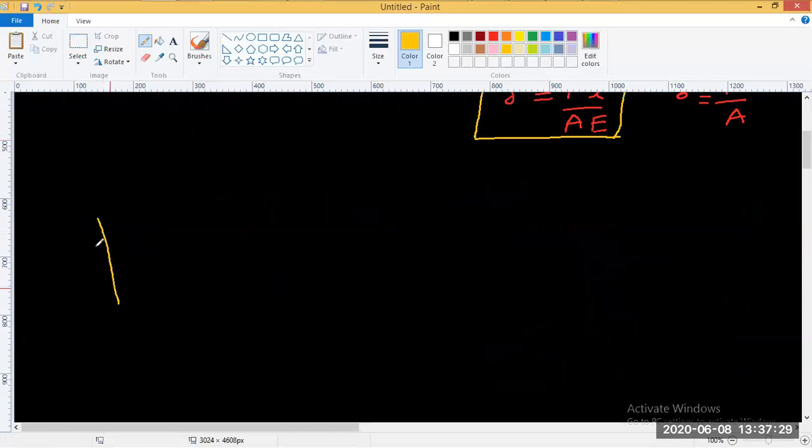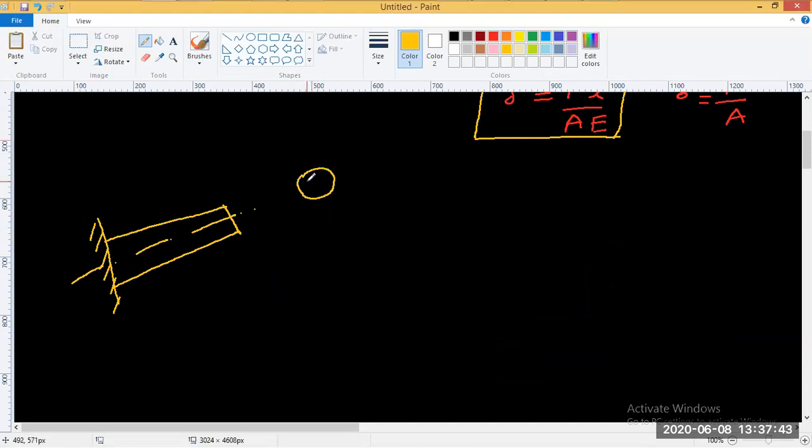So I have a body here, let's assume. I have a body like this, and again I'll say it is circular, like a cantilever beam kind of thing. You're applying a load in this fashion. Suppose this is a force F I'm applying over here.